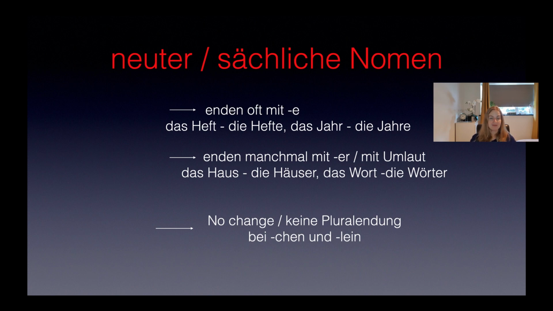Das Jahr, the year, turns into die Jahre. You see, very common again, we just put an E in the ending of the noun when we use the plural. But sometimes they end with an ER and we also use an Umlaut.